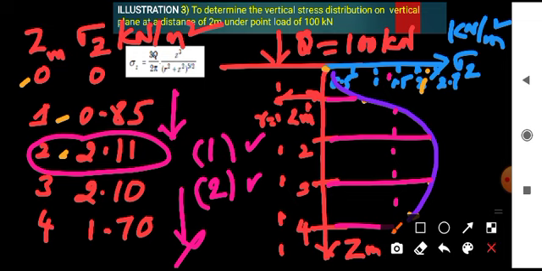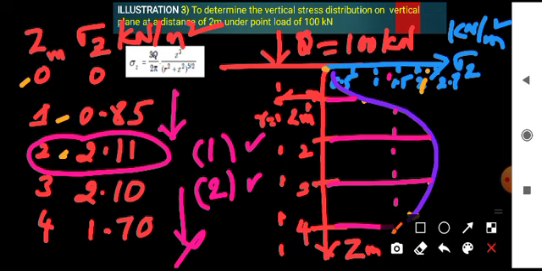On that occasion, you can refer to this illustration and solve by doing these many steps. So this is regarding the pressure distribution or stress distribution diagrams.